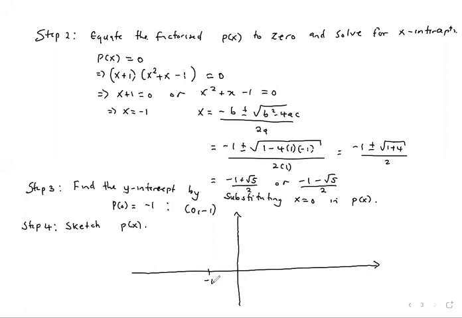Then, of course, we are very sure that -1 minus root 5 over 2 is less than -1, because root 5 is estimated to be 2 point something. So -1 minus 2 point something is -3 point something over 2, that is -1 point something.